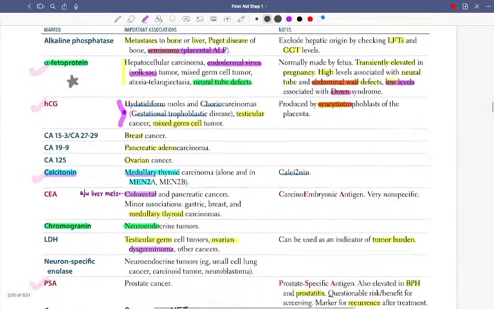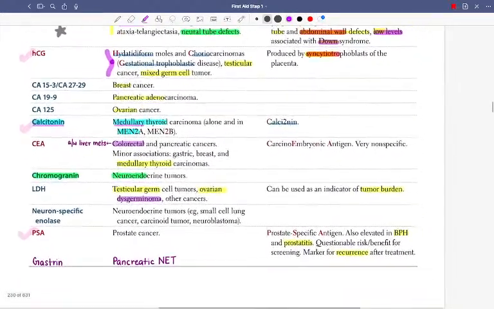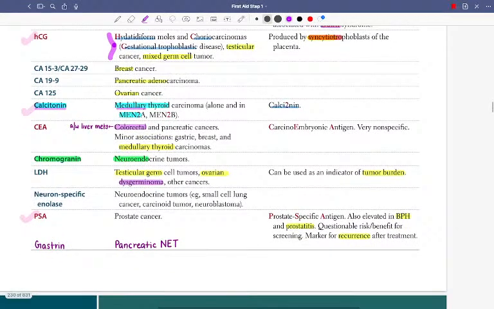Next is CA 15-3, CA 27-29, breast cancer. CA 19-9 is pancreatic adenocarcinoma. CA 125 ovary. Calcitonin, medullary thyroid. What is the marker for papillary thyroid? Calcitonin, medullary thyroid, we read before also in calcification, metastatic calcification.